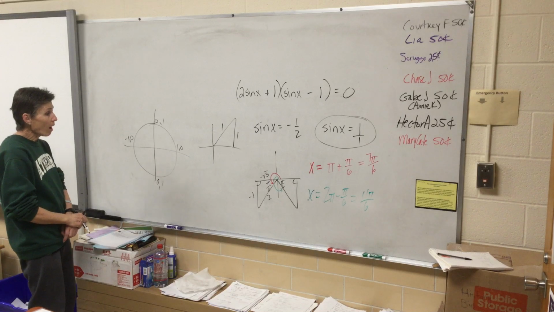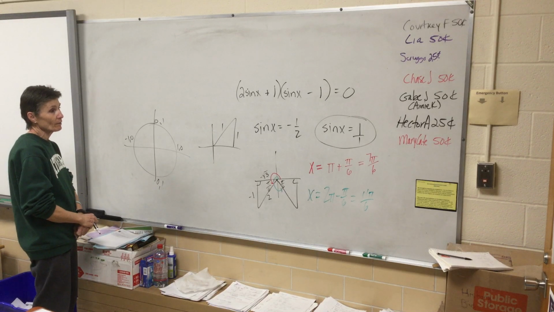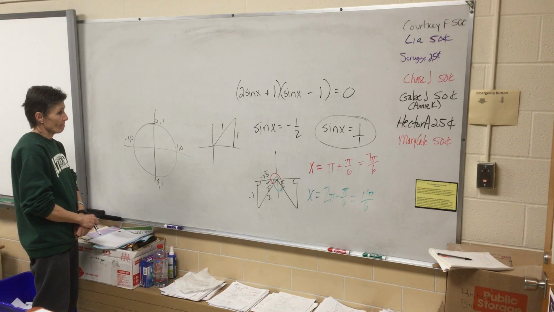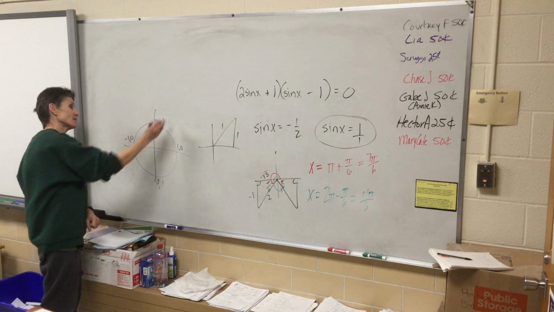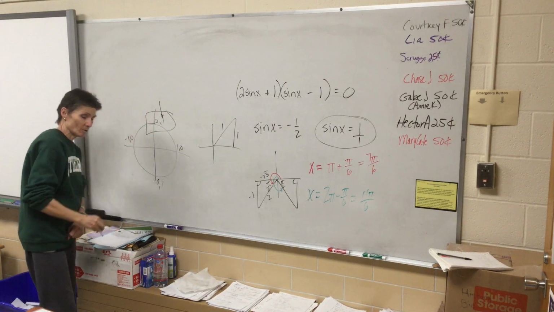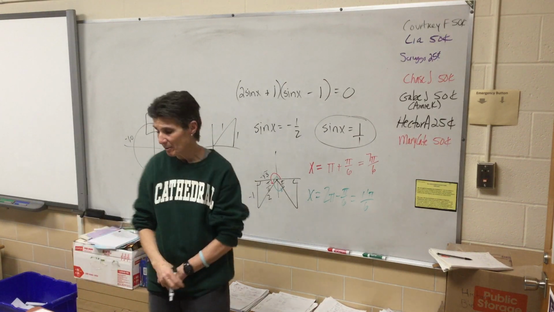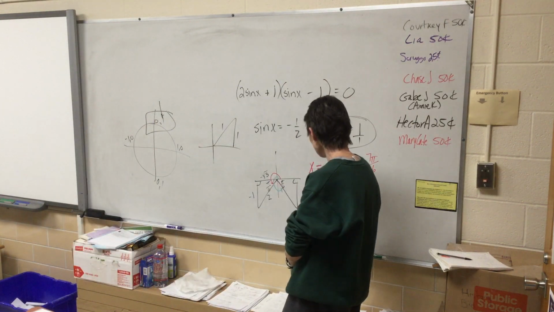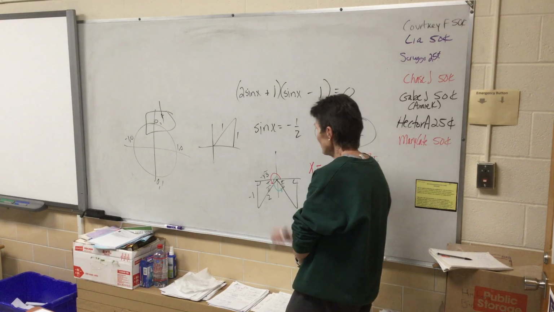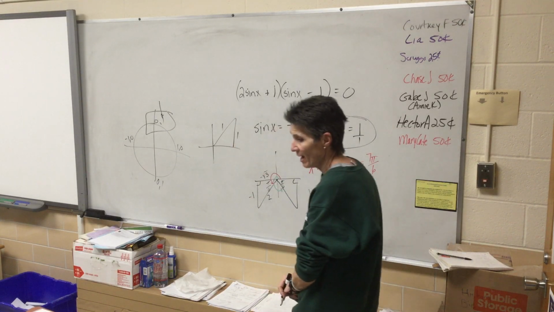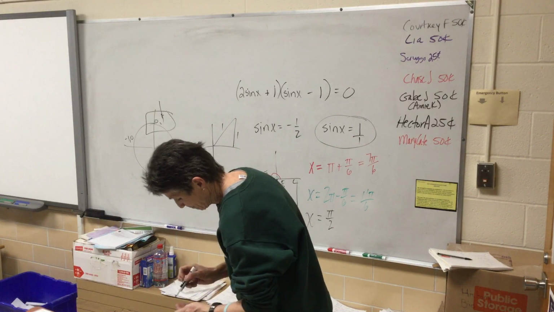Okay, I need y to be 1. Where is y 1? Oh my gosh, guys. Y is the second coordinate, right? It's 1 right there at pi over 2. So your other answer is pi over 2. That's the only place where the sine is 1.